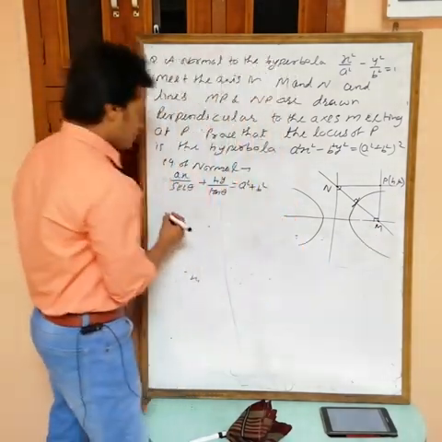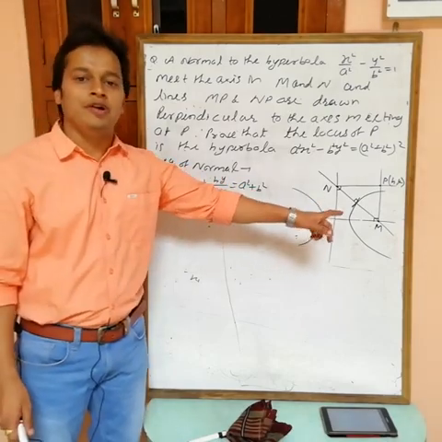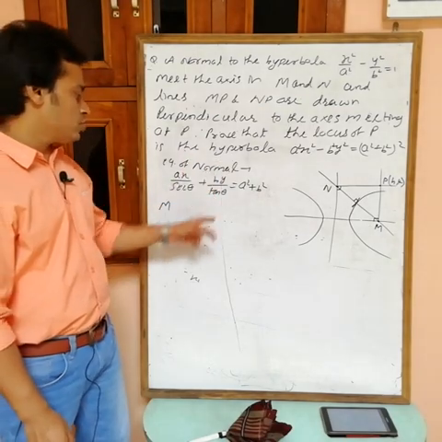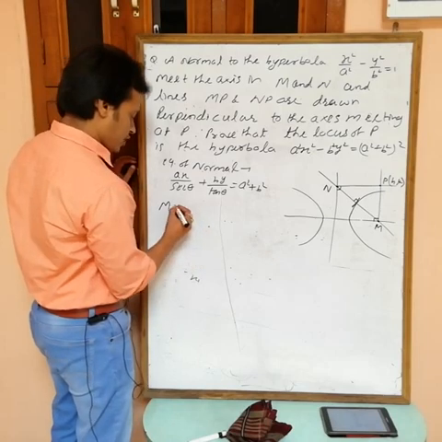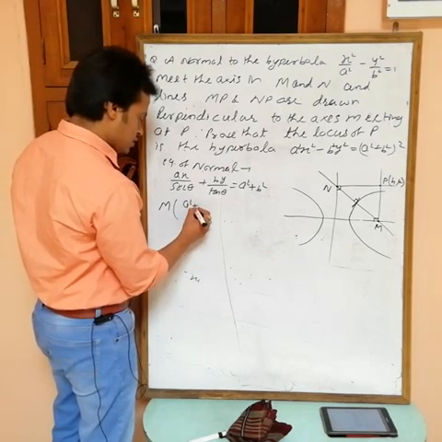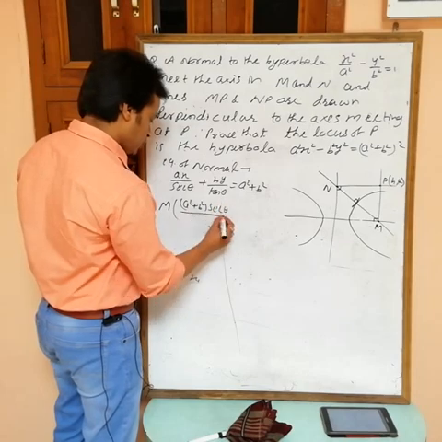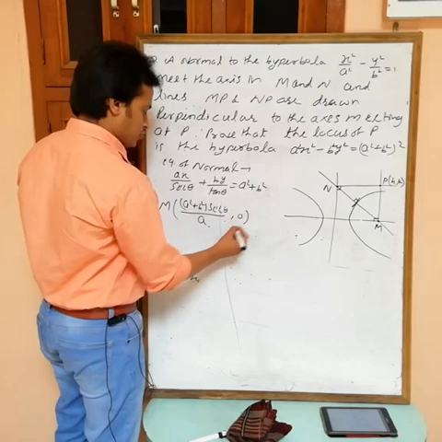To get the coordinates of M, just put y equals 0 because the point lies on the x axis. If you put y equals 0, then this term goes to 0. What we are getting is M as (a square plus b square) into sec theta by a, comma 0.